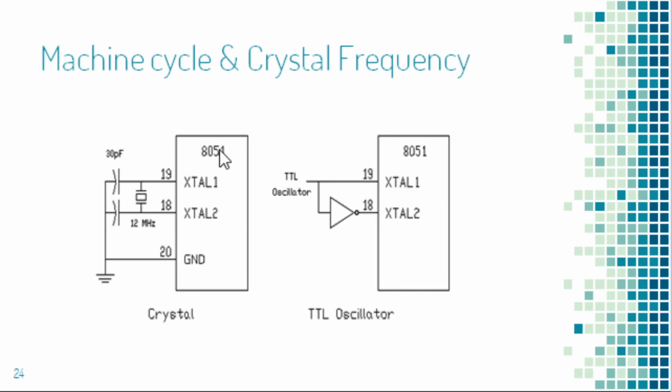This is how a crystal is connected to generate the clock pulses for the 8051. In the figure shown on the right side of the slide, a TTL oscillator is connected which supplies the clock.